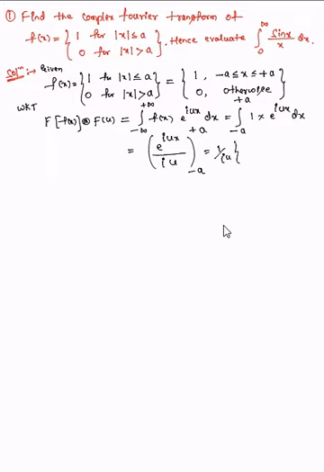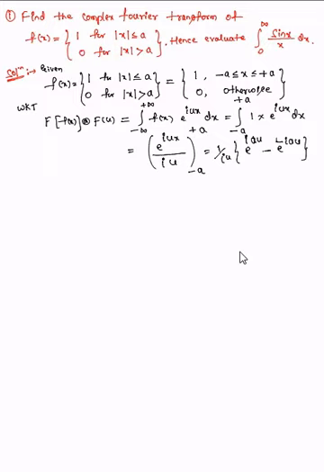Put x equal to a, the upper limit: it becomes e power i au, minus the lower limit. Put x equal to minus a, it becomes e power minus i au. Right. So this is the term we got.